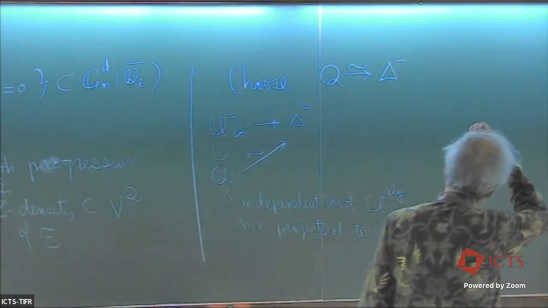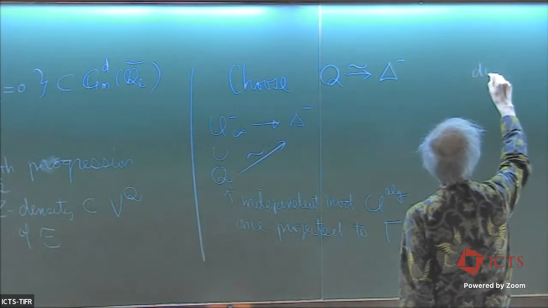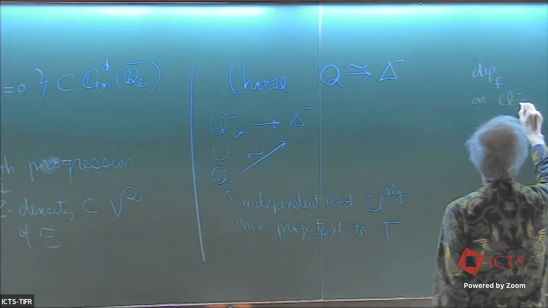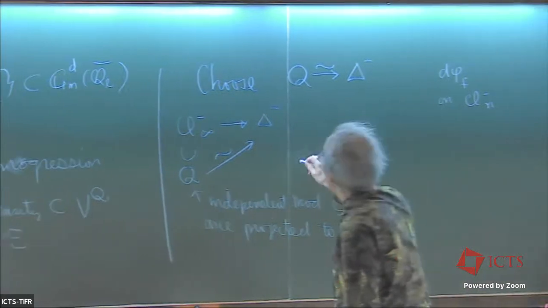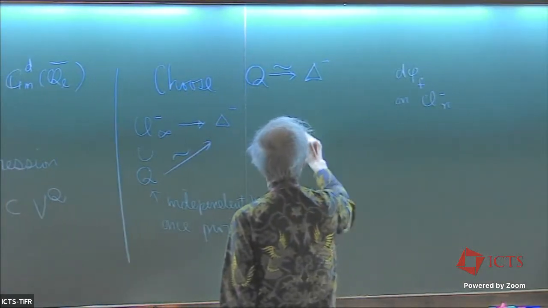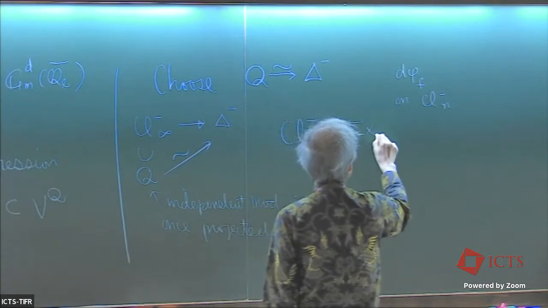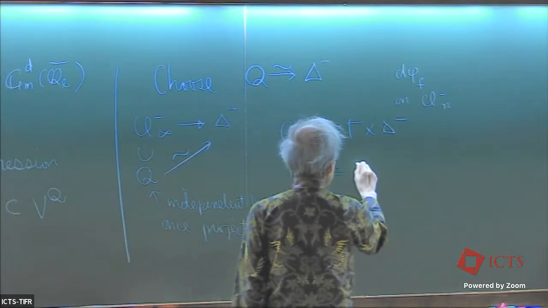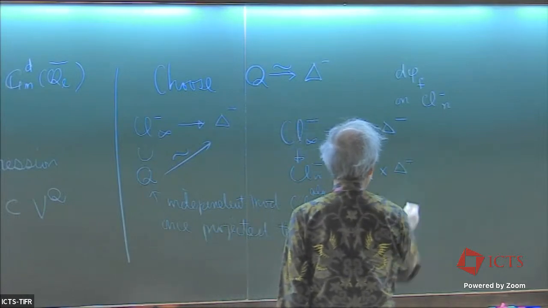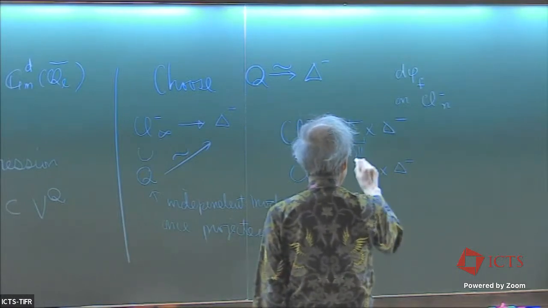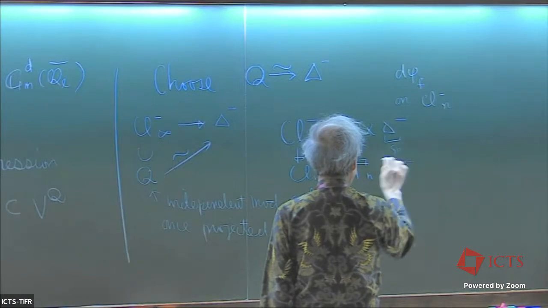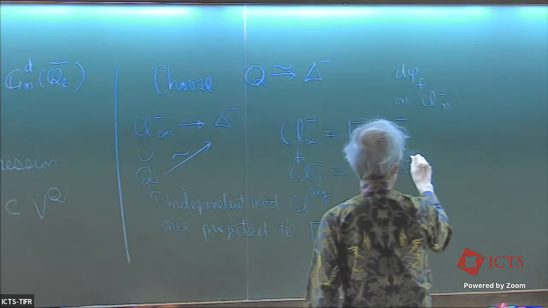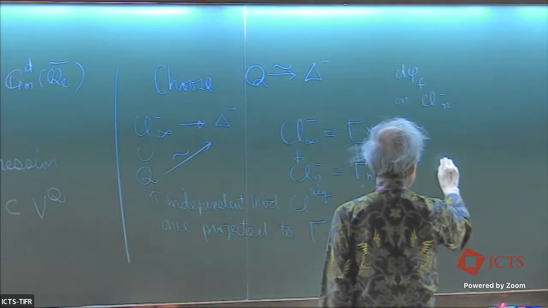So then what I do is I have a measure d phi f. This is supported on CL minus n. So by this decomposition, that of course induces at each step gamma n times delta minus. This part is isomorphic, this part is not isomorphic, I mean projection. This is a finite group, and this part is algebraic if n is sufficiently large.